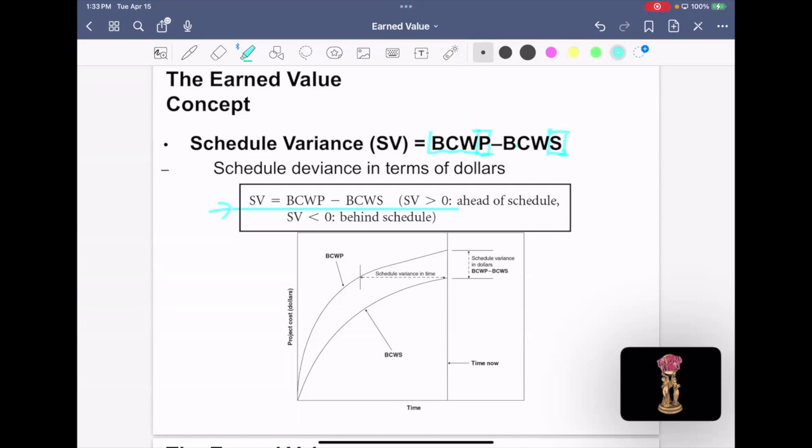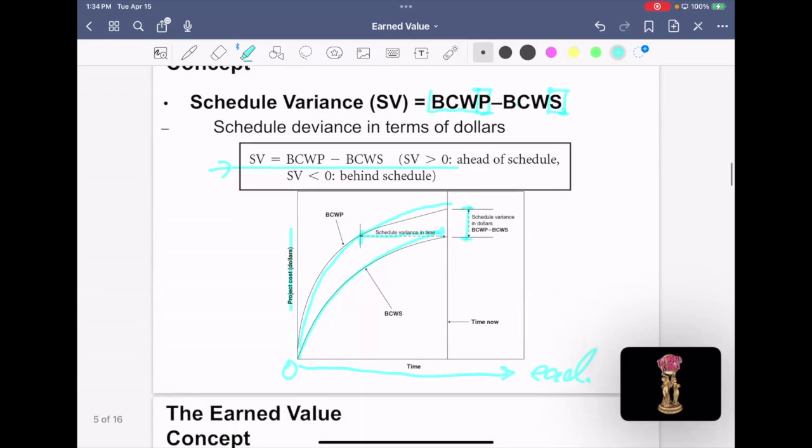If you look at this time axis, our project is starting from 0 to the end, right? And our cost over here: this is your schedule, and this is your actual performance, and the difference over here is your schedule difference. And this difference over here is your cost difference, right?